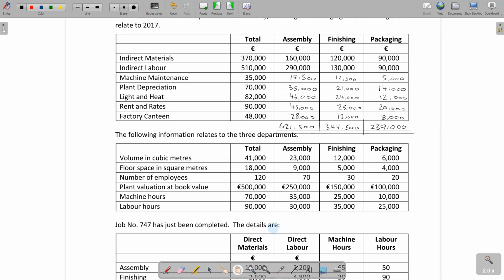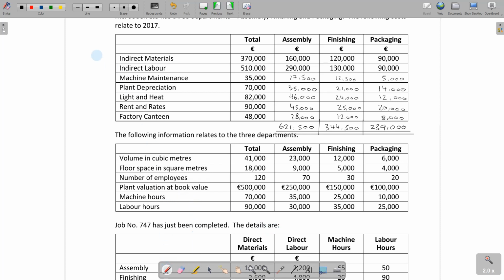So we have what we always do, which reduces margin of error. So to reduce margin of error, we always pick the highest of either machine hours or labor hours. So let's say when we look at the assembly, we have to say, well, which is bigger, the number of machine hours we use or labor hours we use?